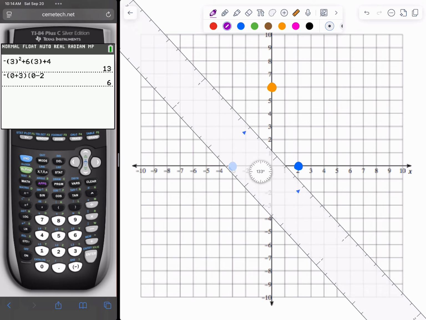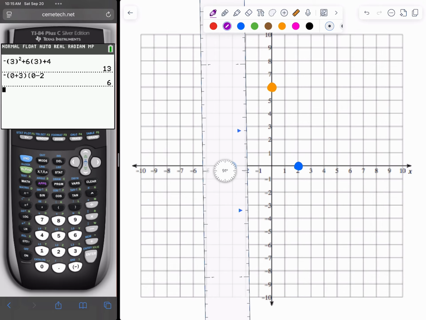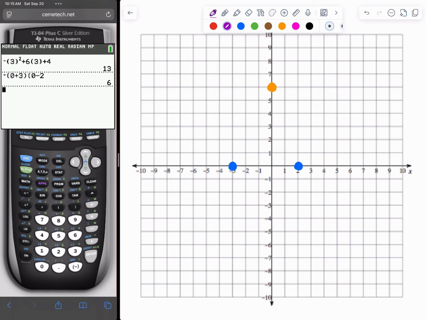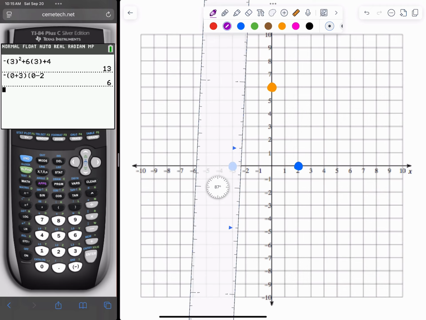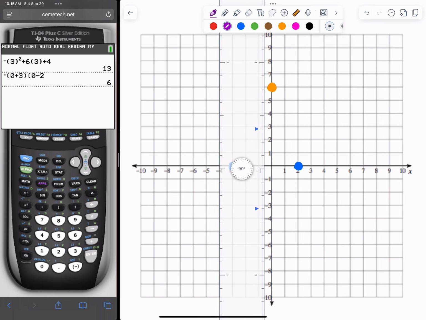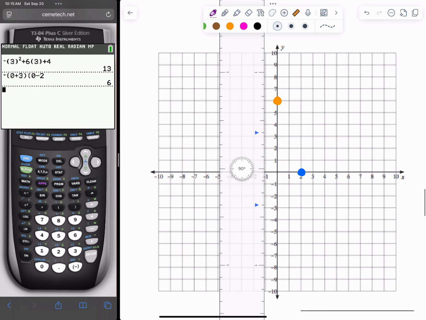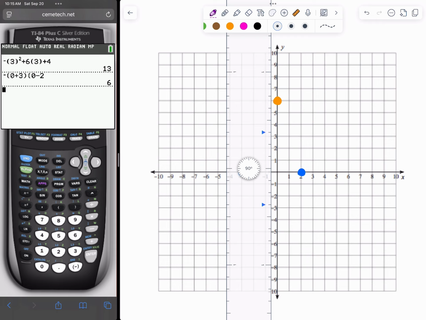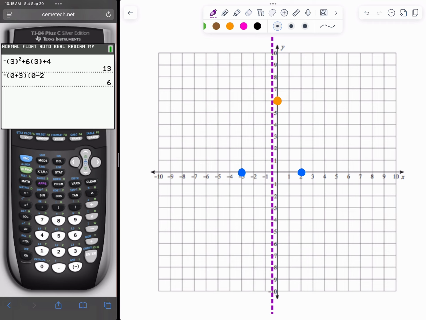If I were to draw the axis of symmetry, it will be at a negative 1/2, which is approximately here. And then I can draw it in. All right. So there is my axis of symmetry there.